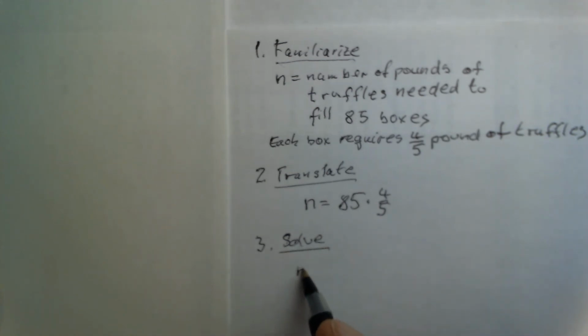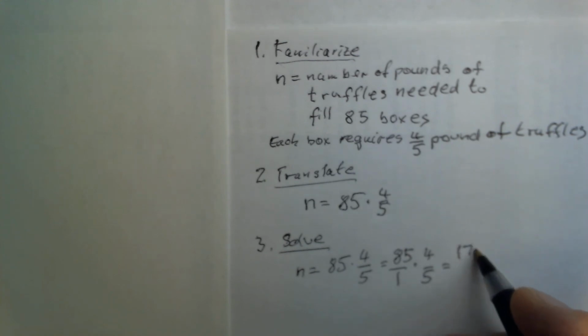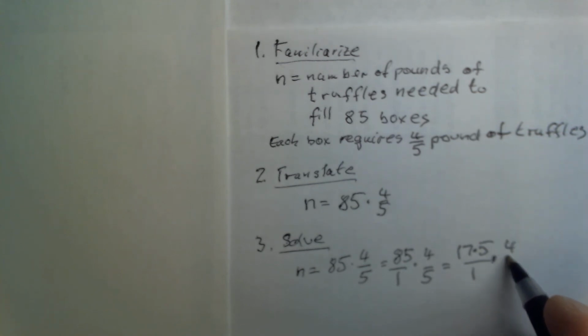So n equals 85 times 4 divided by 5, or 85 divided by 1 times 4 divided by 5. And 85 factors into 17 times 5, divided by 1 times 4 divided by 5. And we see we can cancel the 5s. So then 4 times 17 is equal to 68.